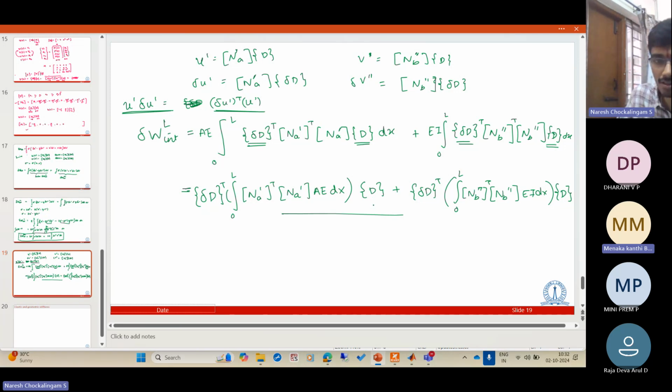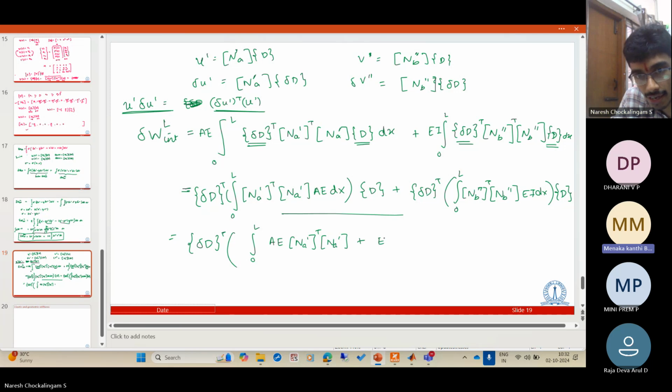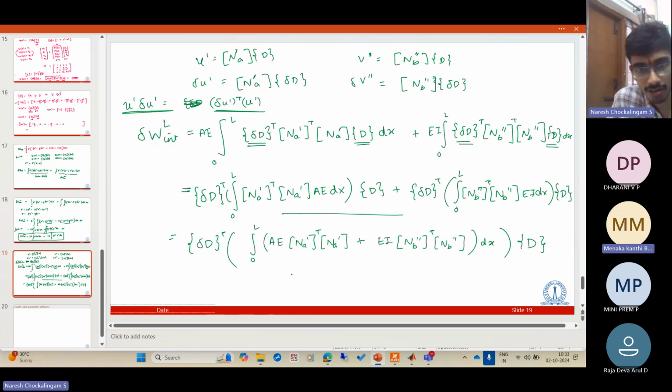So let me just call it del D transpose integral 0 to L AE NA dash transpose NA dash plus EI NB double dash transpose NB double dash dx D. So why is it linear? This is linear because this entire term does not depend on D.